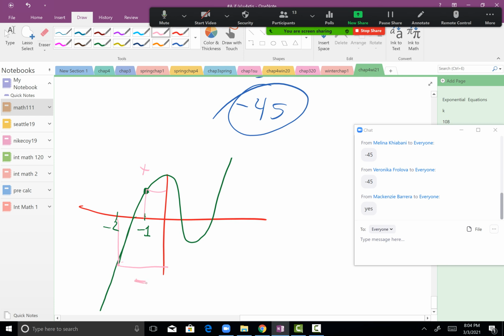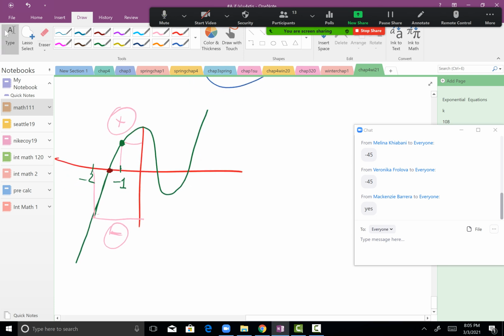So this theorem tells you, if this value is negative and this value is positive, that means there's got to be some number between -1 and -2 that is an x-intercept. It doesn't tell you what it is. It just says there's a root in there, or there's an x-intercept in there. And that's what that theorem says.